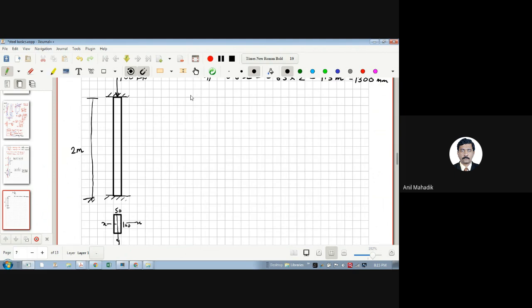Now tell me how to calculate R. R minimum is nothing but, is it RYY or RXX? Which will be minimum? RYY. So RYY will be nothing but square root of I y upon A. So how much is this I y? BD cube. So here in this case, B is nothing but 100, into D cube means 50 cube, divided by 12, divided by area which is 100 by 50.